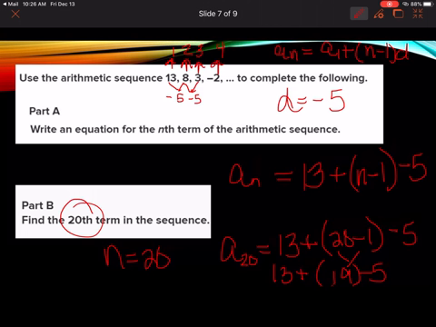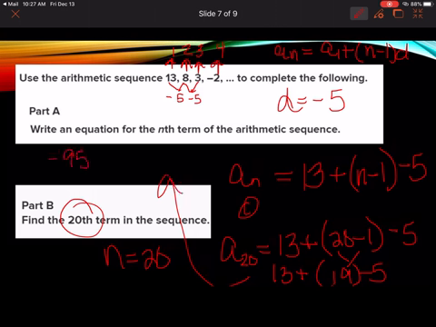Just go ahead and bring everything else down. 19 times negative 5 is negative 95.